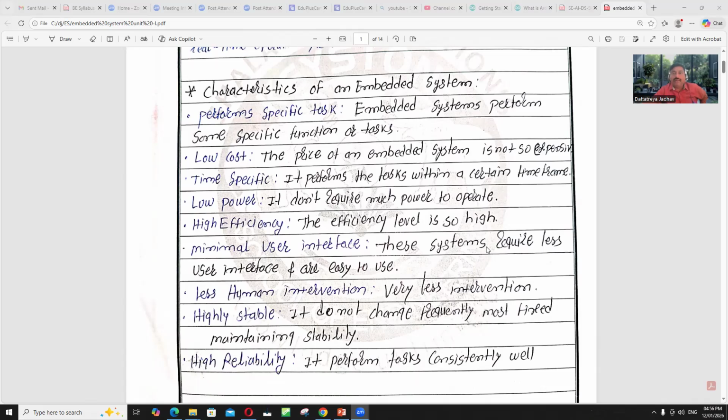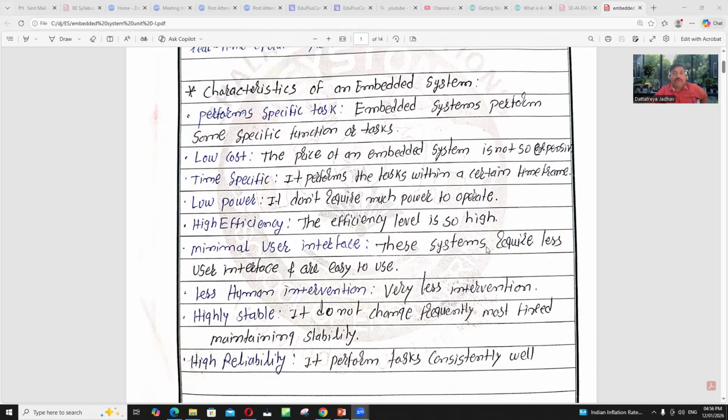Suppose in a day a door will be opened and closed 100 times, but the 101st time it should open and close with the same efficiency and the same performance. There should not be a degradation of performance. So it should have a high efficiency for its application and performance.